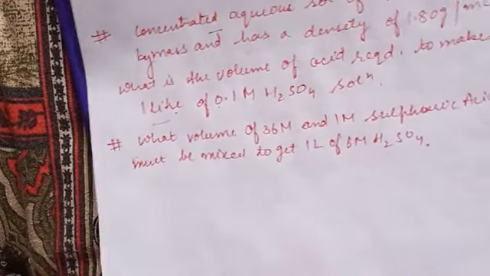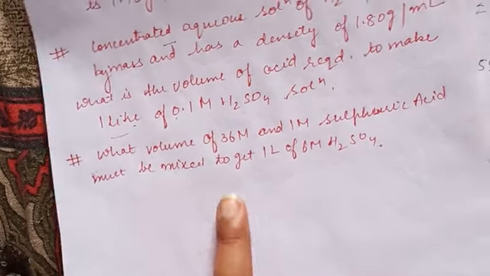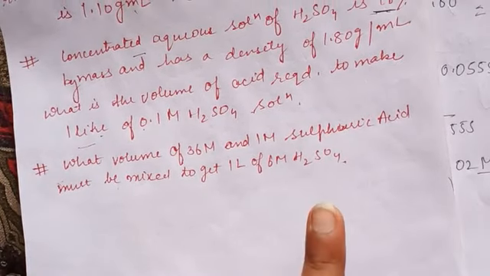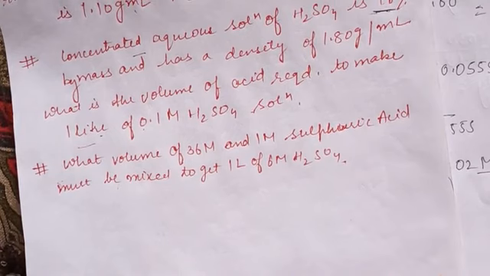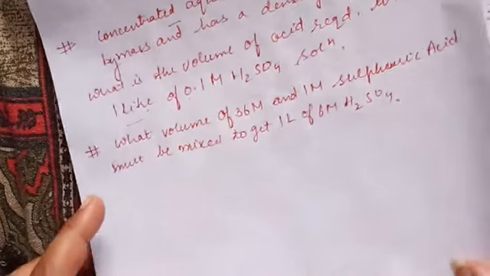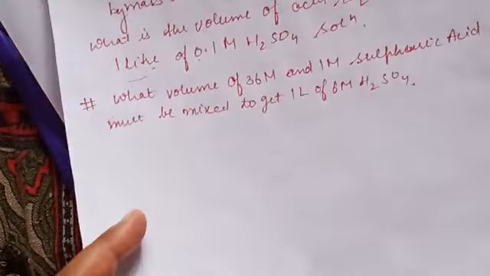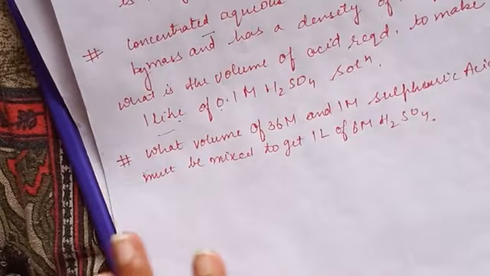And now the last question of the day: what volume of 36 molar and 1 molar sulfuric acid must be mixed to get 1 liter of 6 molar H2SO4? I'll solve this question here only. Now for mixing, I have already told you the formula.